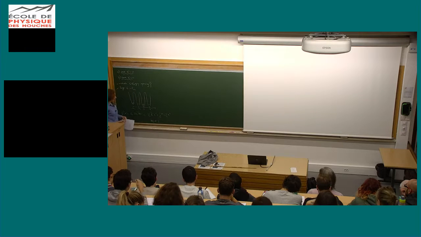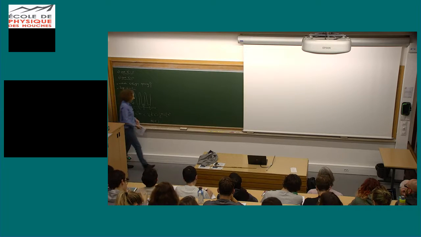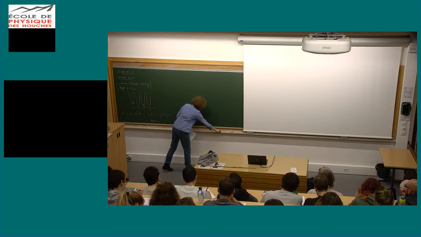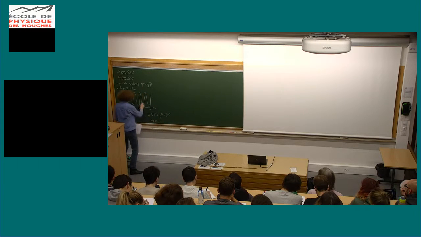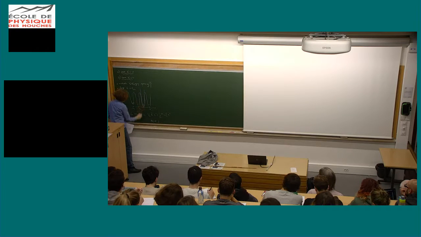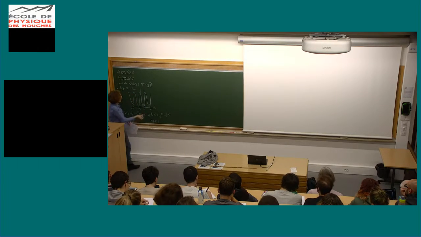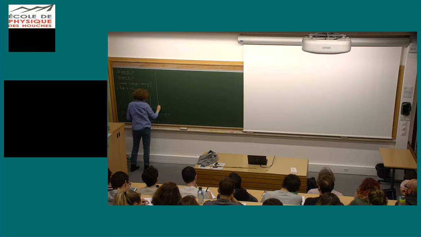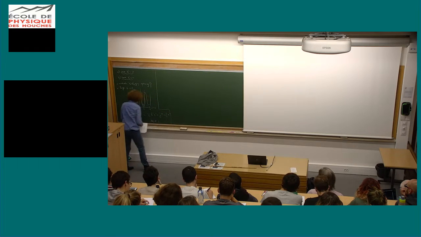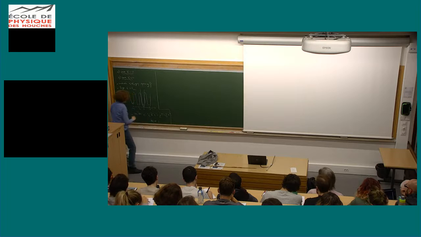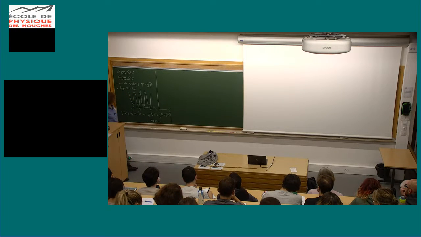And I can make a harmonic approximation close to the bottom of a given lattice well. And the harmonic frequency which comes from this expansion is related to the lattice depth and to k.